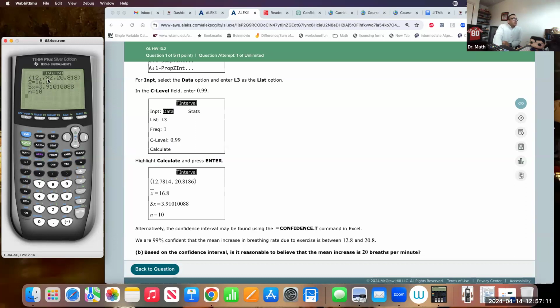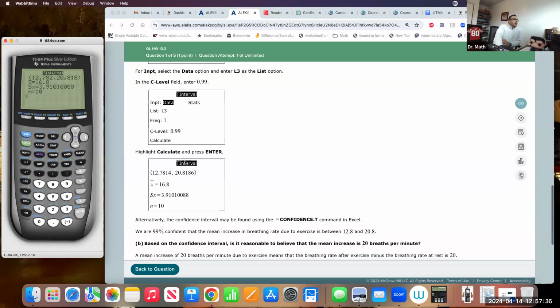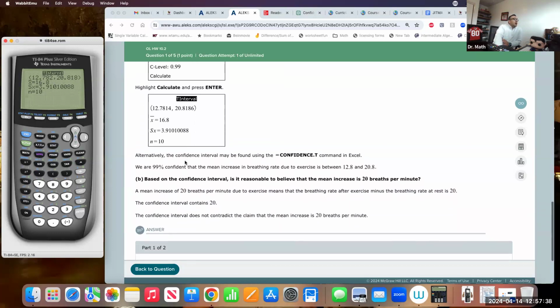We're pretty darn confident that the number of beats increased between 12.782 and 20.818 beats per minute. All right. So whatever the population average increase was, it's going to fall somewhere between these two numbers here.